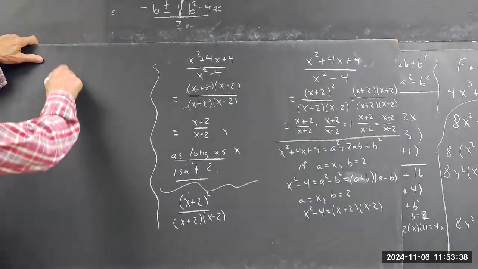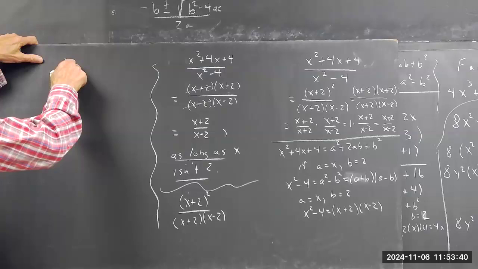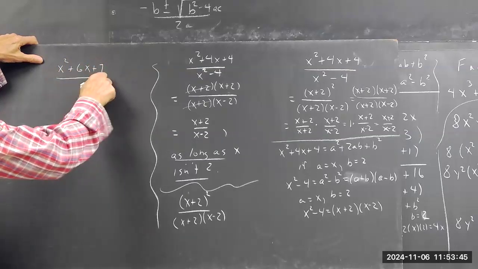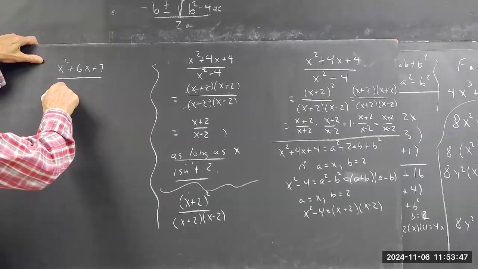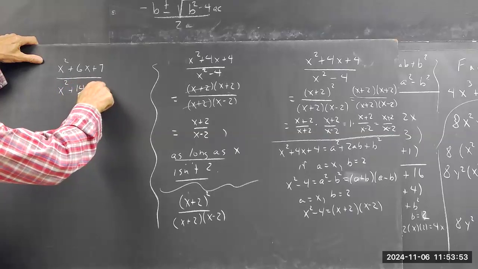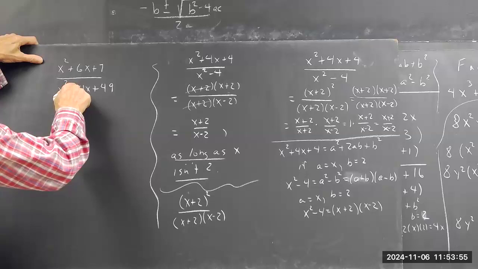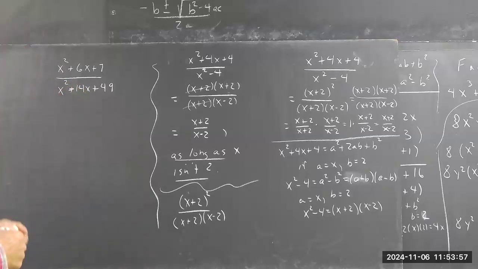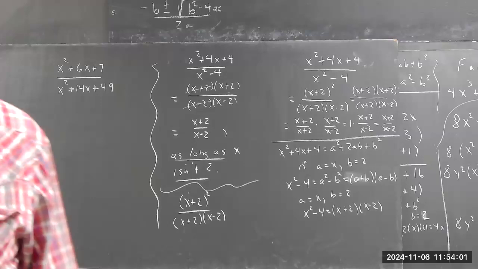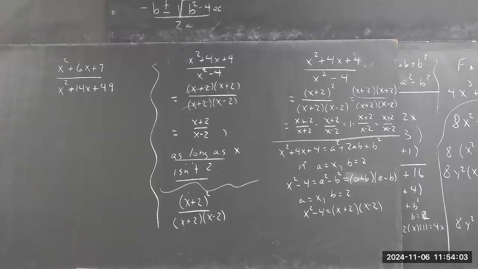Let's try another one. You can factor the numerator and factor the denominator. One of them can be factored using a special product, the other can't.